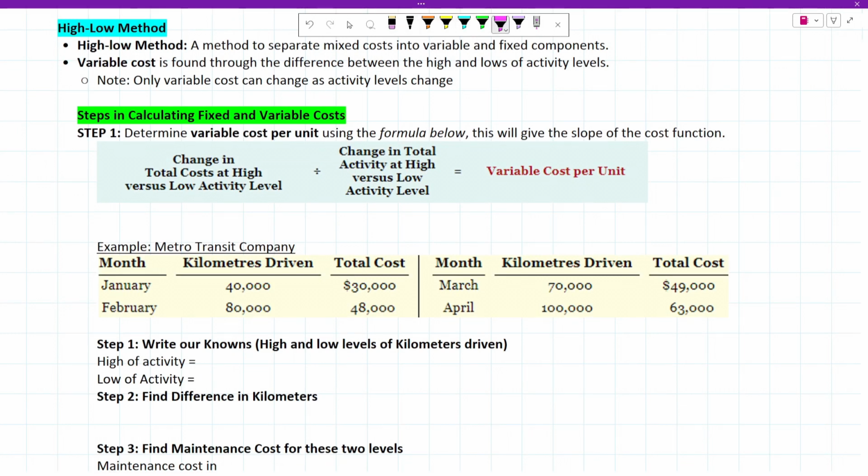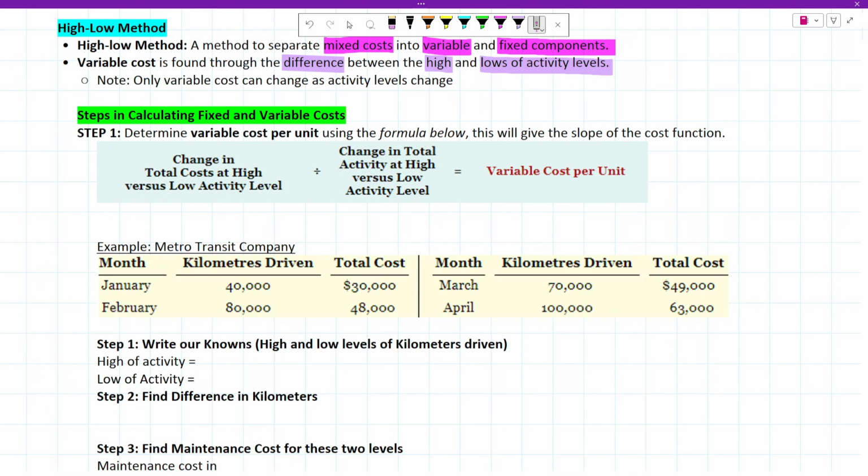Variable cost is found through the difference between the high and low activity levels, so I'll put that in purple. And note, only variable costs change as activity levels change, because our fixed cost has nothing to do with activity levels changing. Even if we use half of it, our fixed costs will never change.